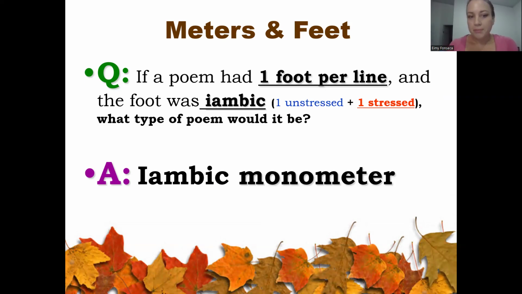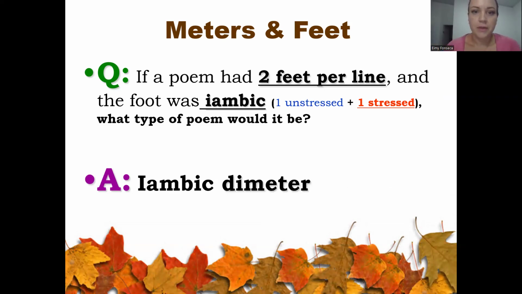So a poem could be an iambic monometer, right? It means that it has a line that has just 1 foot that is made of 1 unstressed and 1 stressed syllable. Or you could have a line that is an iambic dimeter. It means that it has 2 feet that follow that pattern.